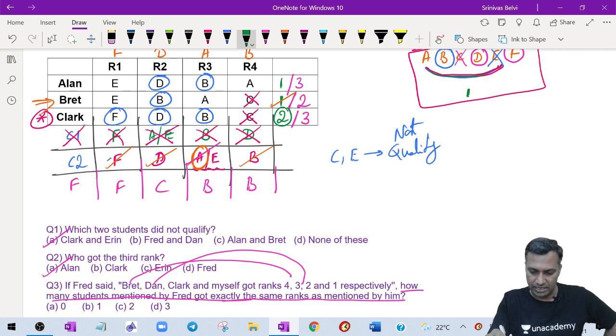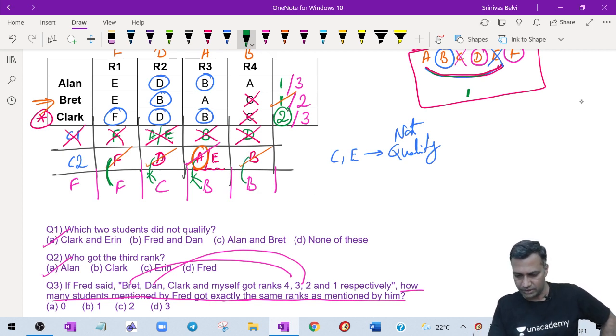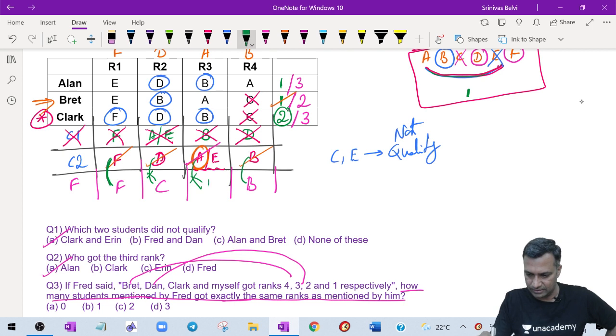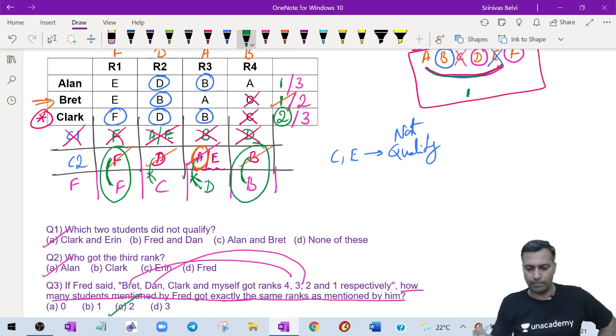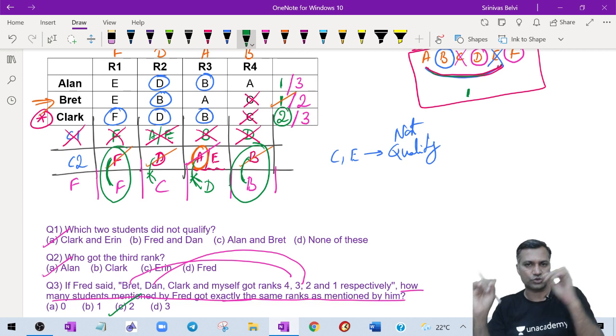Yes, F and F are matching, that is one. D and C mismatch, A and D mismatch, B and B, there is a match. Therefore, F and F is matching and B and B is matching. Two of them are matching in this case. That brings us to the closure of the set.